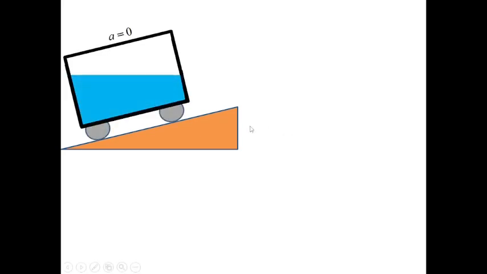So consider naman natin yung inclined na surface. Solid surface na inclined. At nandito yung ating tank. At yung tank na yan, yung level ng liquid, kapareho ng level ng ground, di ba? Siyempre, mag-a-adjust yung liquid. Hindi naman siya ganyan pa rin.